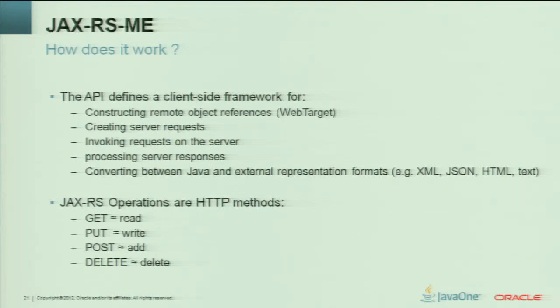We can create server requests, we can invoke requests on the server, and we can process server responses. And the framework supports converting between Java and external representation formats and has a common interface and a common way of defining these kind of wrappers and converters. Marshalling, unmarshalling is the type that is used in Corba.